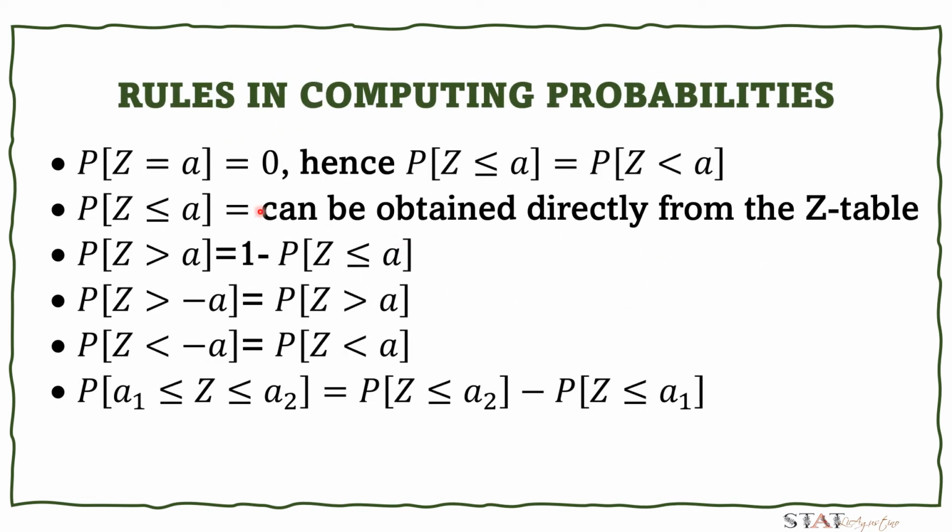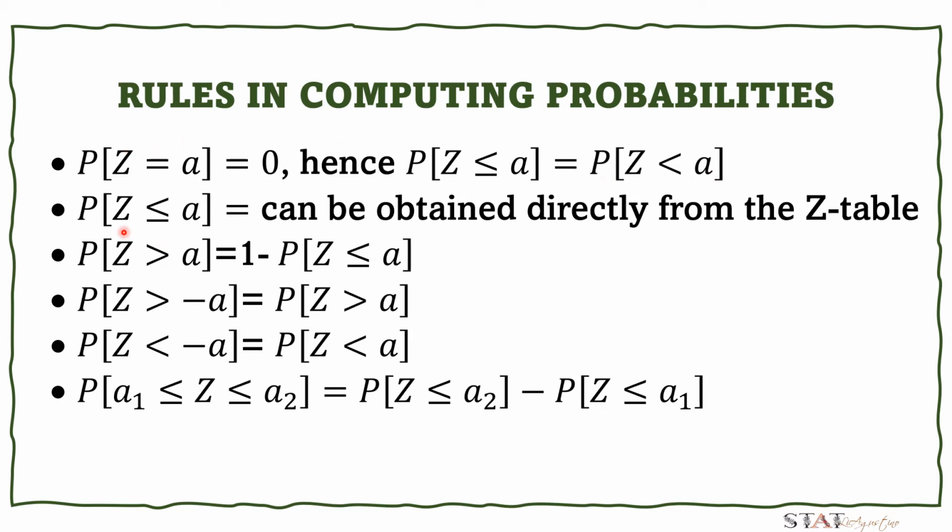And also remember the rules in computing probability. What we have learned in our probability principles of counting and principles of probability is also applicable here in our normal distribution. If the probability of z equal to a is equal to 0, hence the probability of z less than or equal to a is also equal to the probability of z less than a, since this is a continuous distribution.